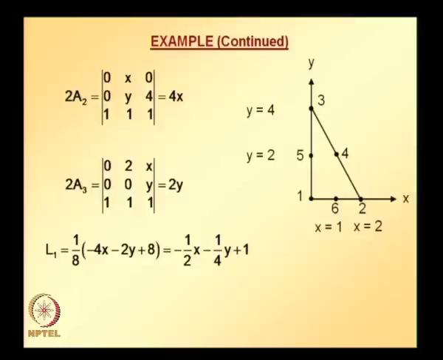So, those are also shown here, and using that and AT we can calculate L2 and L3. So, L1, L2, L3 for this particular right triangle with the coordinates that are given by this L1, L2, L3.